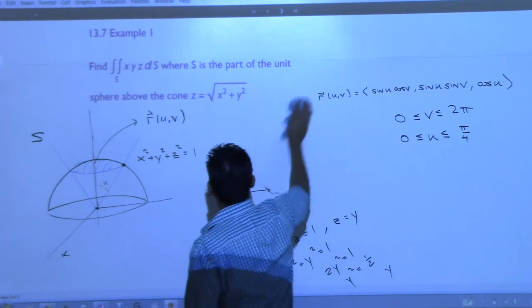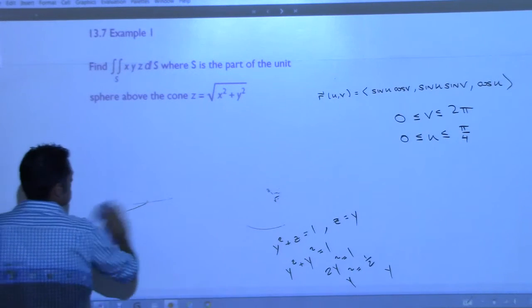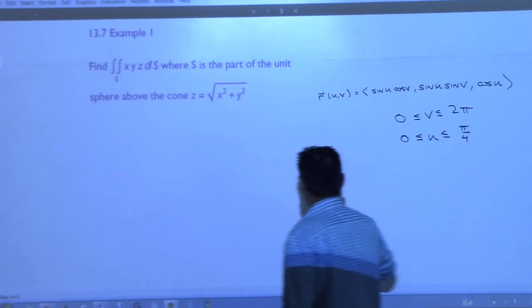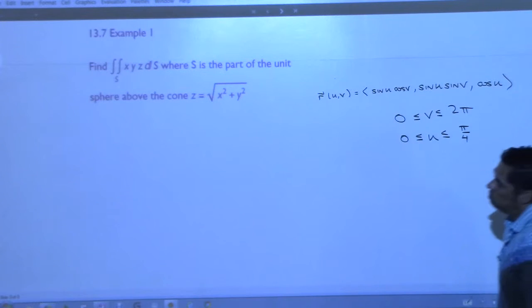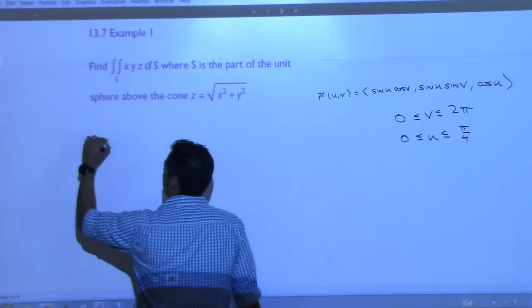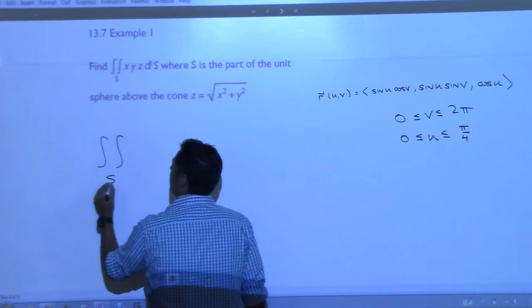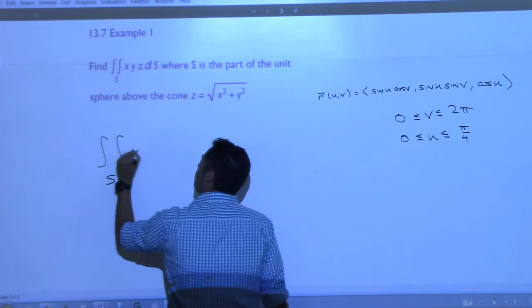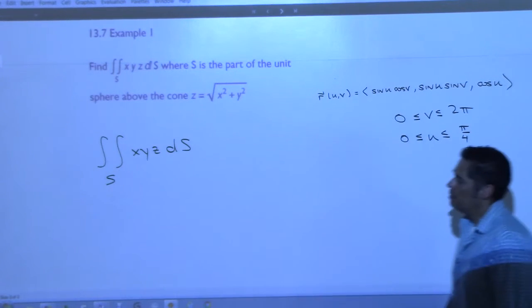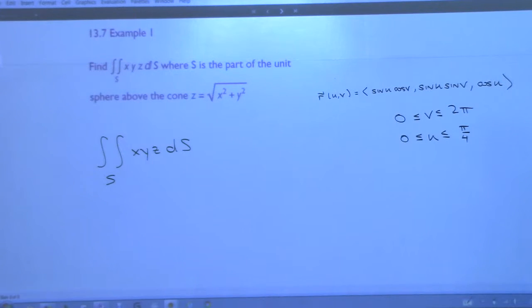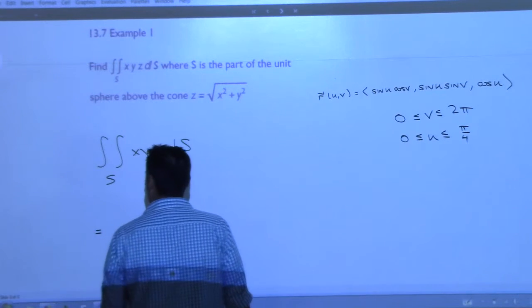Now let's set up this double integral. Double integral over S of x, y, z dS should be equal to... okay, double integral.